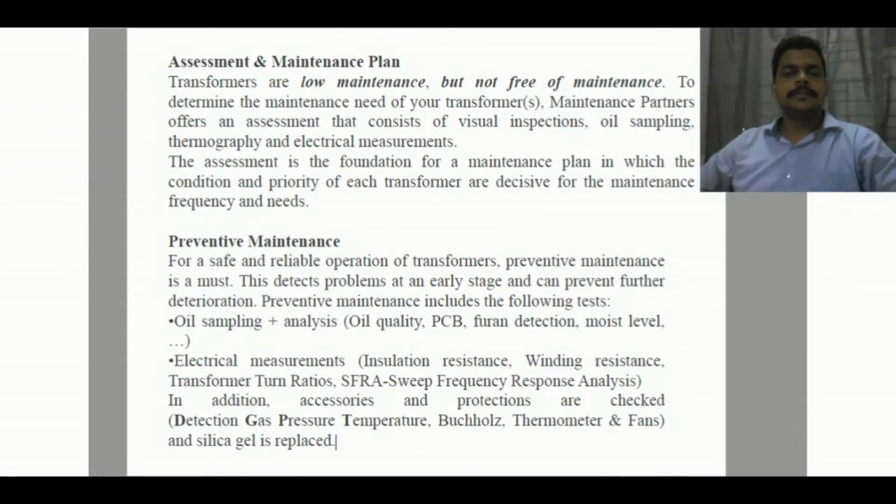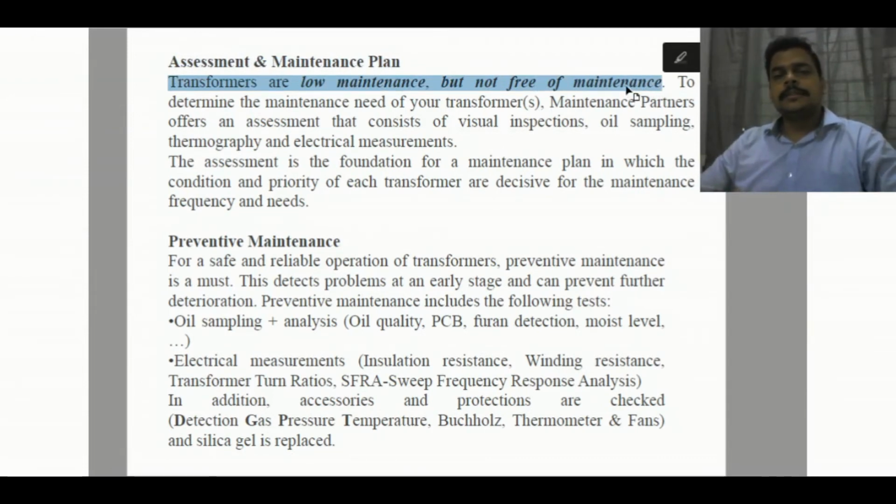Now we will discuss the assessment plan, or the maintenance plan, for the transformer. Transformers are low maintenance but not free of maintenance. There are no rotating parts, all the parts are stationary, so the maintenance carried out for the transformer is very little, but we cannot make it zero.